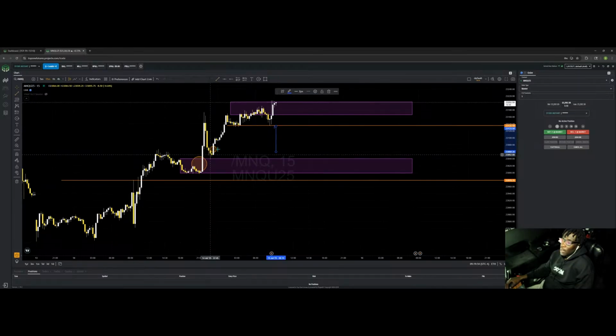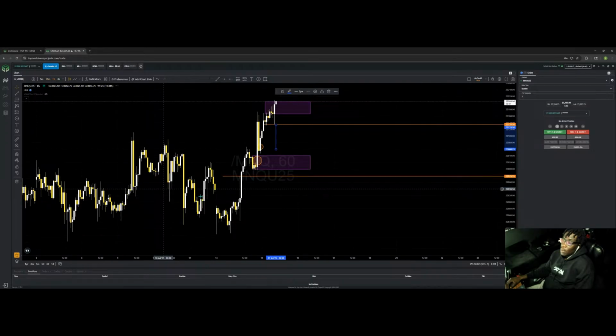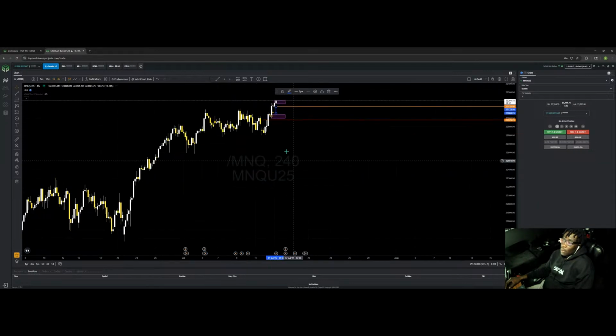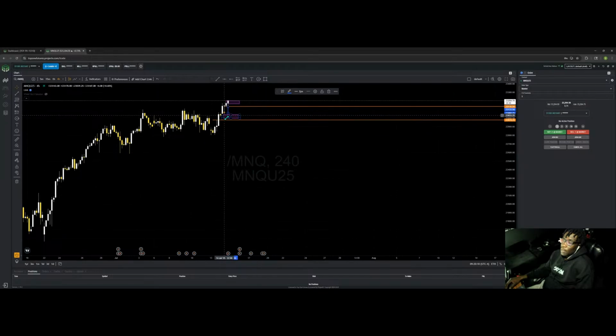Probably make our way down to, we got a number here, and then we have a 15-minute and a 1 hour demand zone. That zone doesn't even exist on the 4 hour. The 4 hour area to fill is a little bit further down, 978.